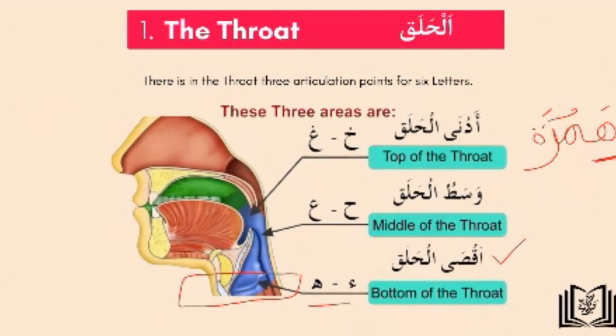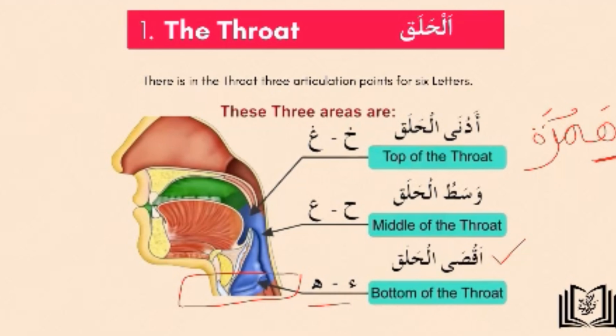It is actually not the chest, but the bottom of the throat. That part is called the aqsal halaq. If the voice is coming out from the chest, it means you're using the aqsal halaq, and that is correct. Repeat again. Aqsal halaq.